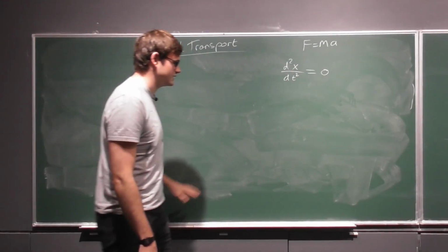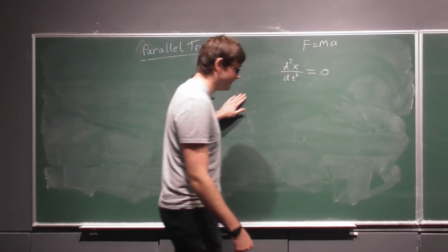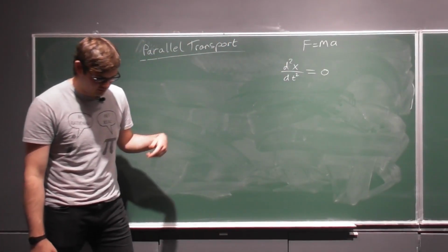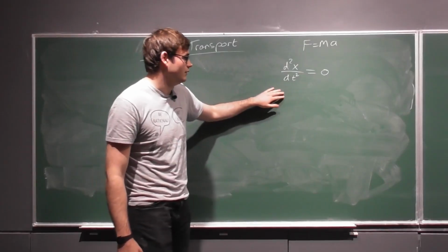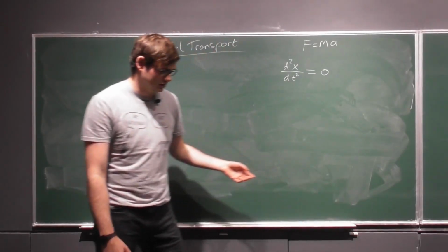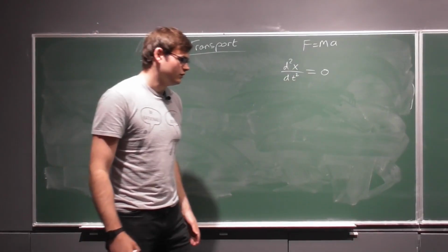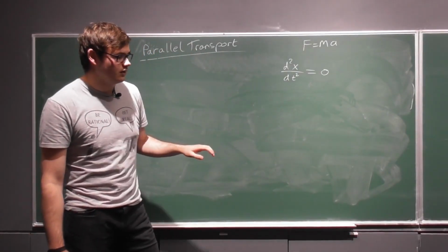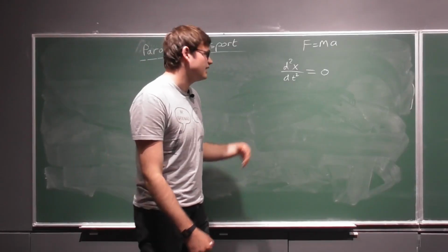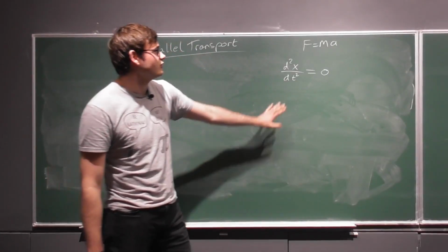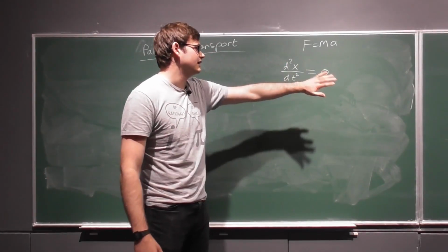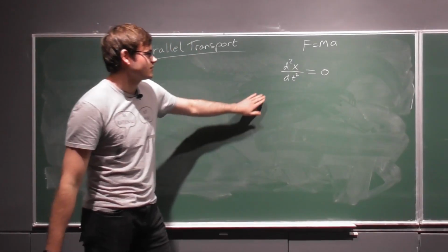Basically, that's what this says. We can gather that when we go to curved spacetimes, this is not going to hold. We're not going to travel on straight lines, as you well know. Classically, we consider gravity a force, so that F is non-zero, and then you can move things about so that this equation doesn't hold.